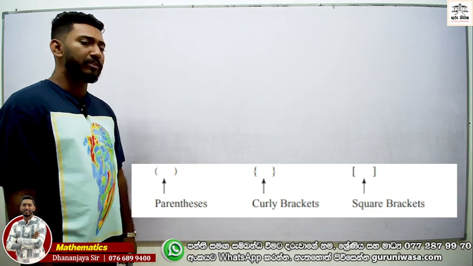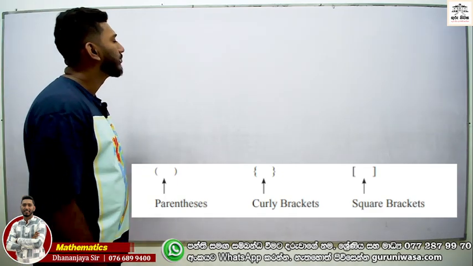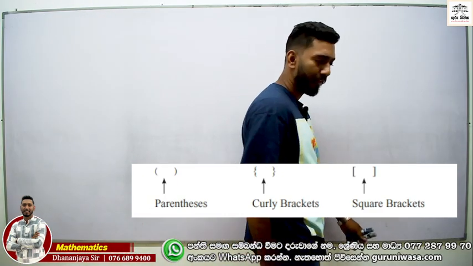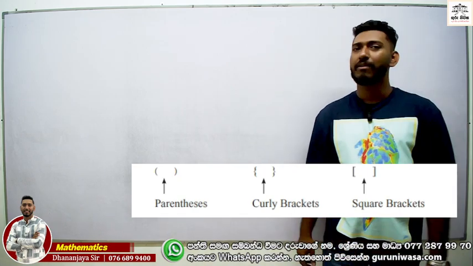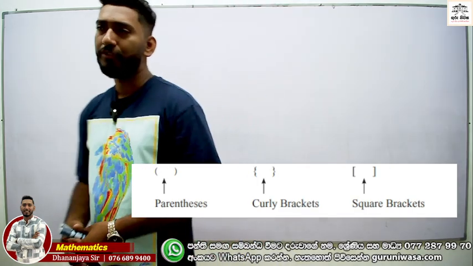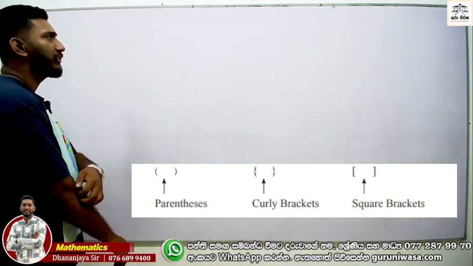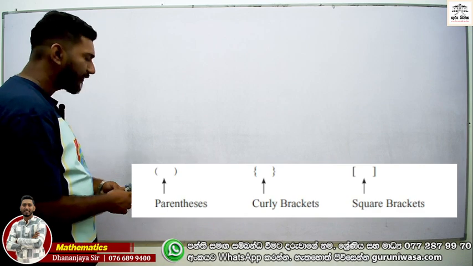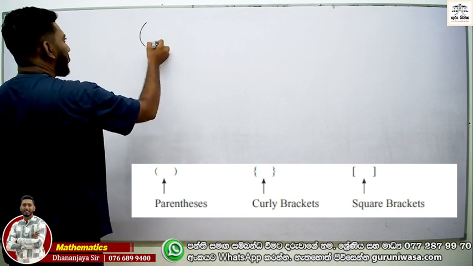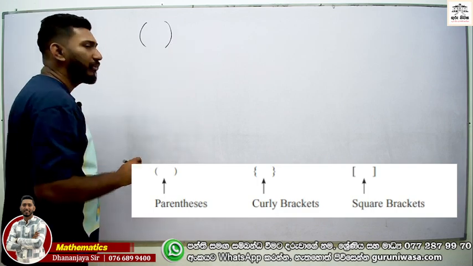Now look at these ones. In maths, we have different brackets we have to use. The first one we call a parenthesis, like the simple brackets on a computer keyboard.